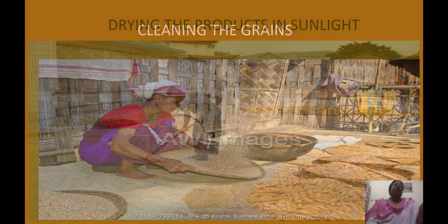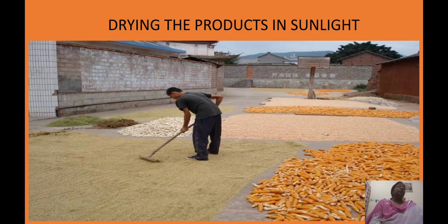Next step is drying. Now the grains are separated. What happens? They still contain water in them, and they may be spoiled by insects and rats, so they need to be sun dried.